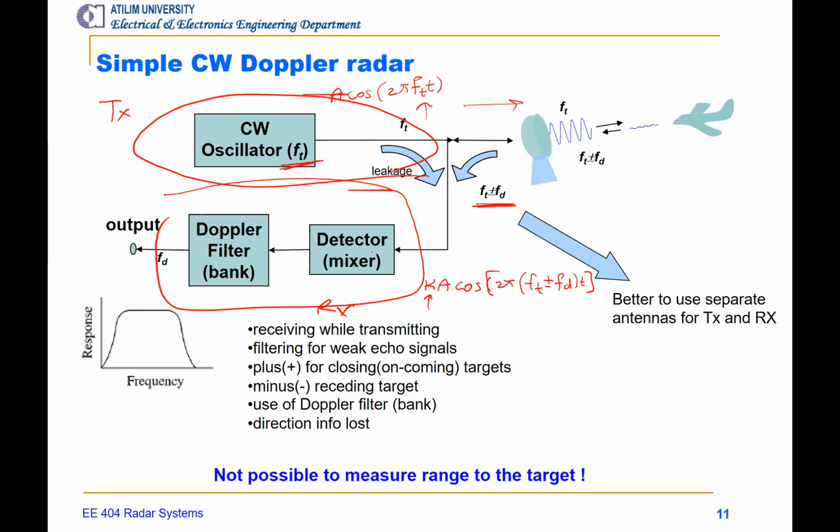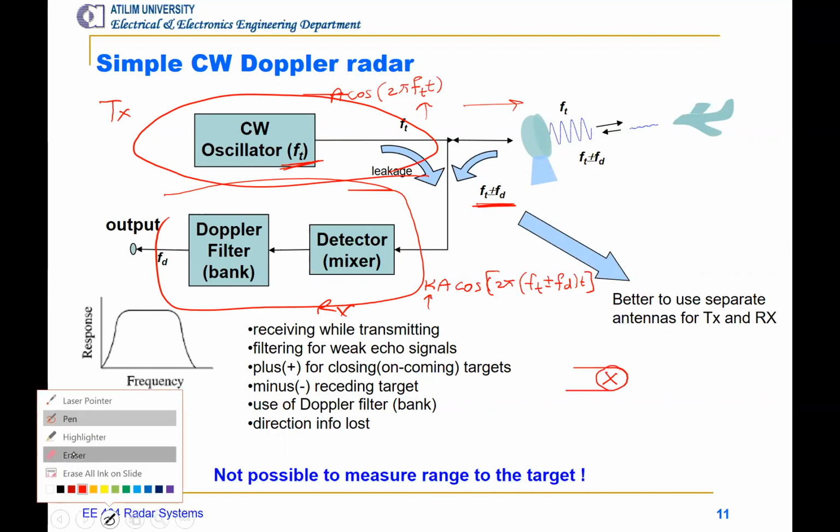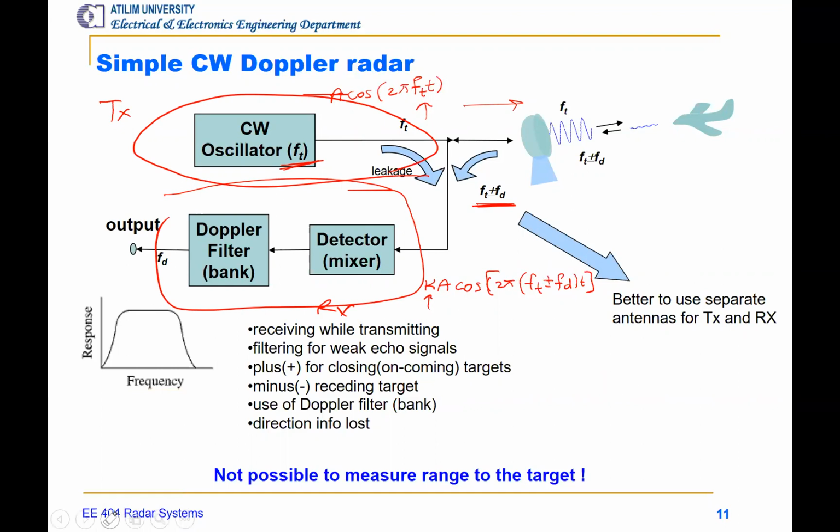Now we have a detector. The detector is typically a mixer. Now in the laboratory of the course, you may remember mixer, right? Up conversion, down conversion. We have already studied that. Let's see here. Here is a mixer.